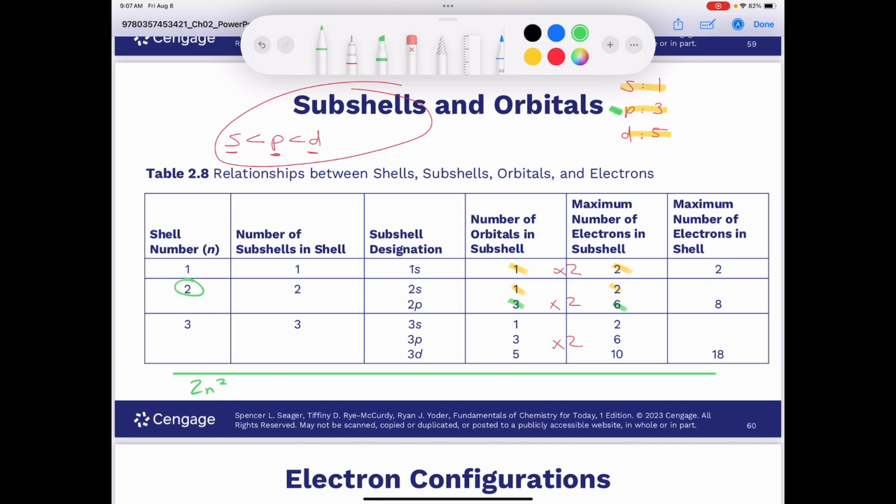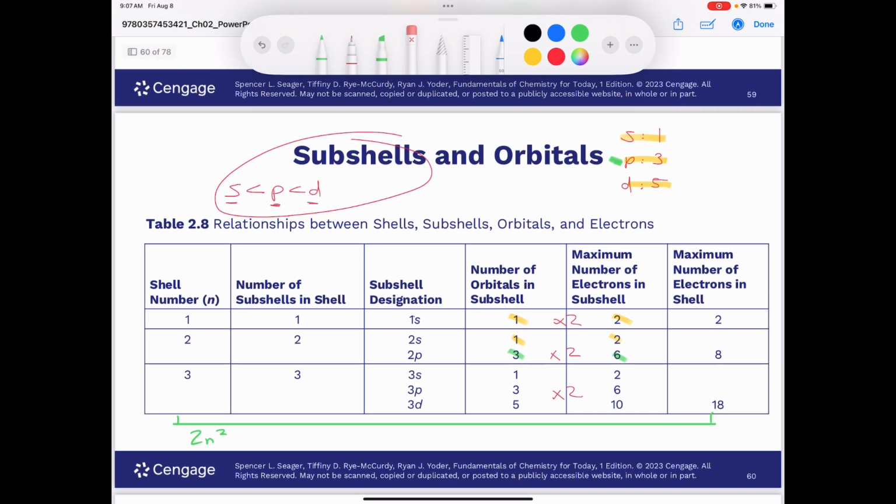If you go to 2, 2 squared is 4. 4 times 2 is 8. And if you go to 3, 3 squared is 9. 9 times 2 is what? 18. So you can use this formula. I don't ask my students to use it or anything, but if you're the kind of person who likes patterns and formulas, you might find that handy.